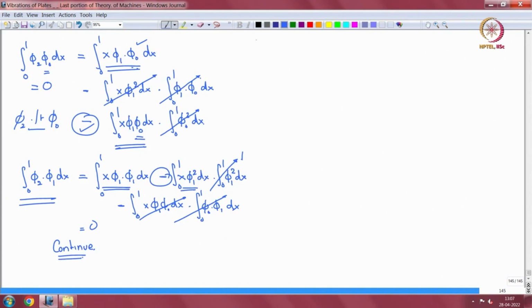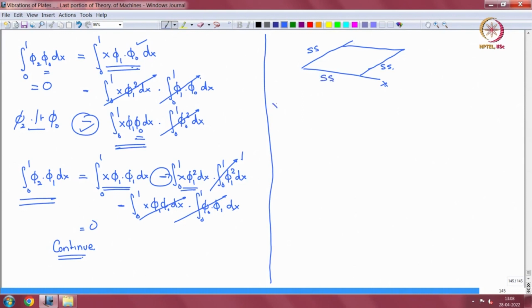Now, what is the next step? We have found something in the x direction, simply supported. Then suppose I find in the y direction as well.